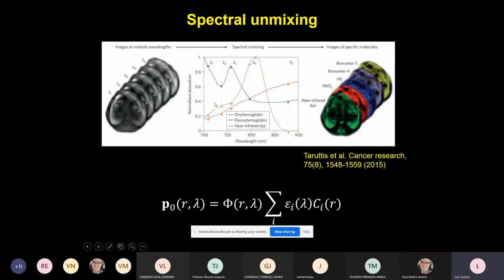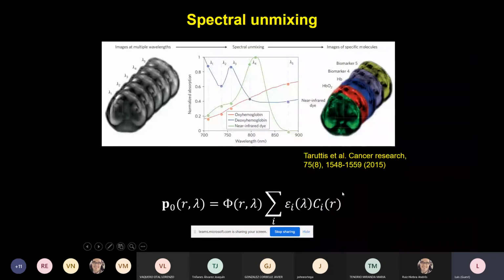For example, I mentioned hemoglobin. Hemoglobin has different absorption spectra when it's oxygenated and deoxygenated, so we can distinguish between the two with optoacoustics, but also any dye or any fluorescent protein or any nanoparticle that has a given spectrum could also be resolved with optoacoustics. And for this, we need to do what's called spectral unmixing, which is an additional processing step to extract this information, which consists in formulating the problem like this.